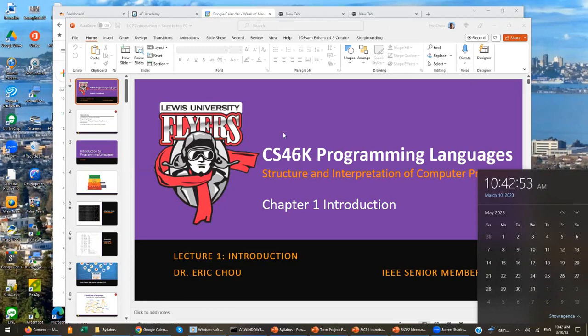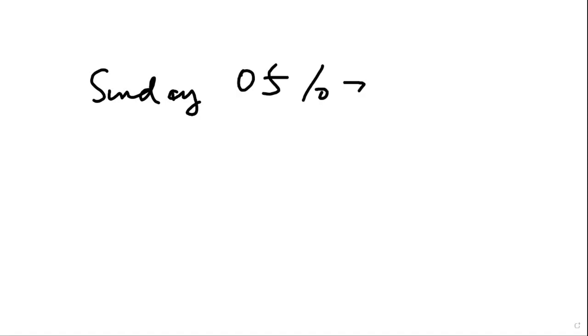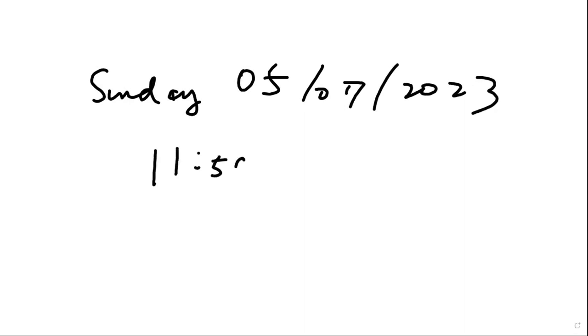So the absolute due date, no score day, would be Sunday, May 7th, 2023, 11:59 p.m. So past midnight, I don't take it.